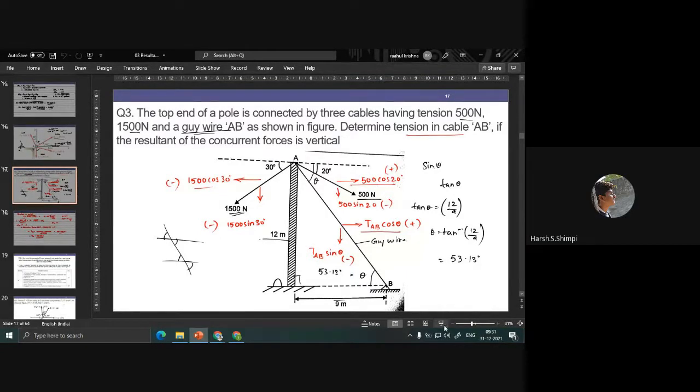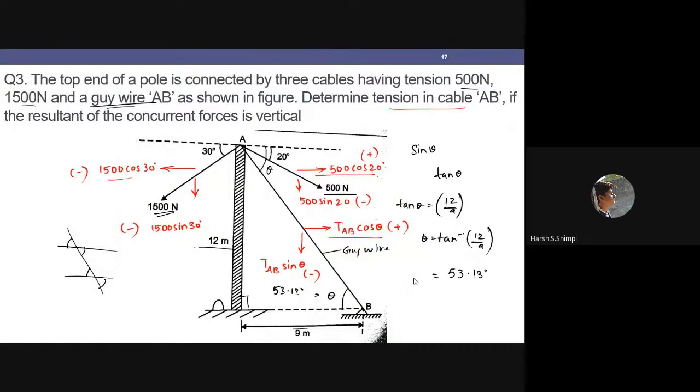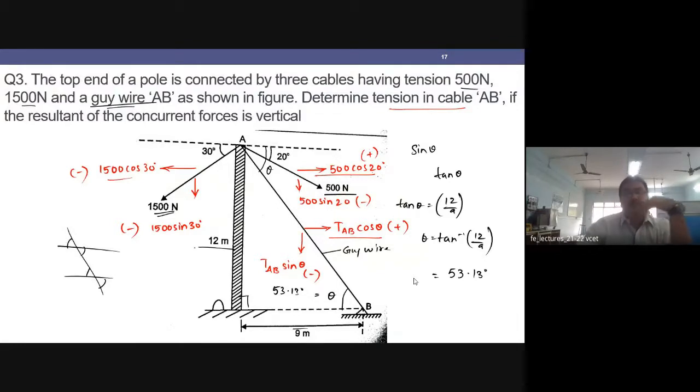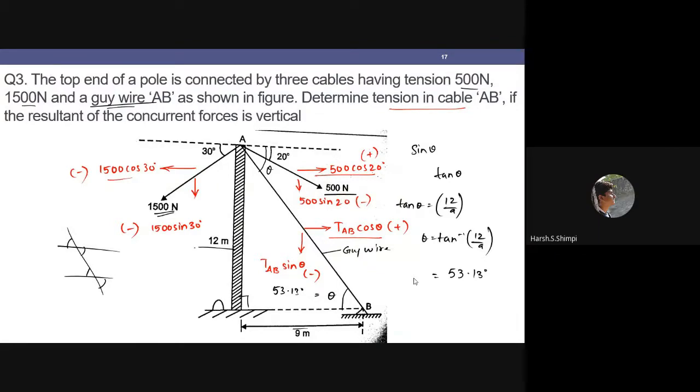I was asking whether, for this 30 degree and 20 degree angle, the axis is being tilted, or the 1500 Newton arrow and the 500 Newton arrow are being tilted by 30 degrees or 20 degrees with respect to the x-axis.